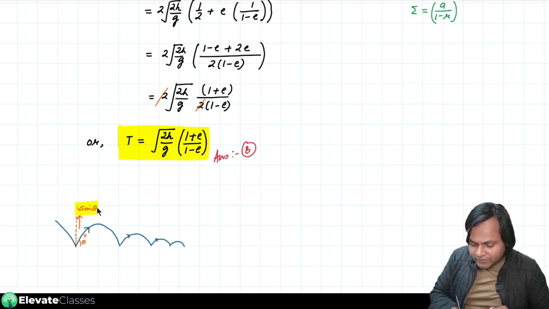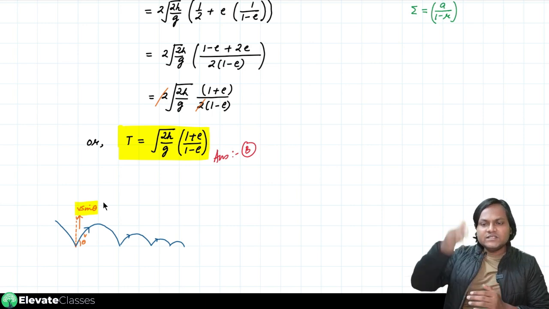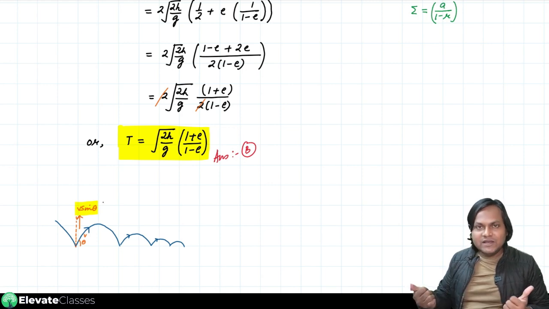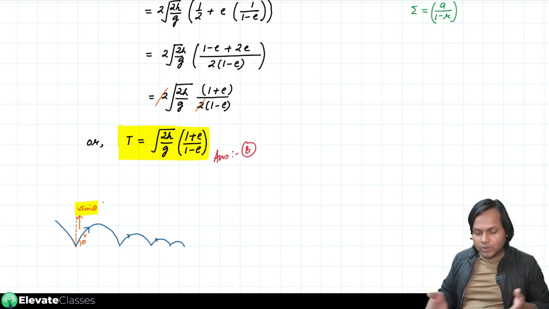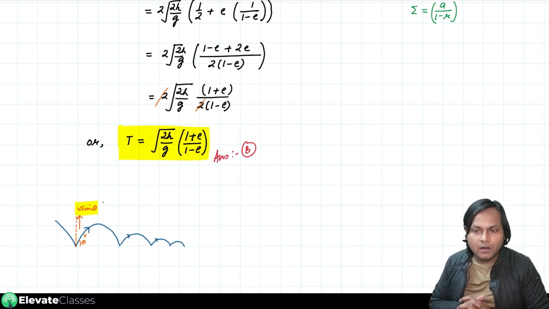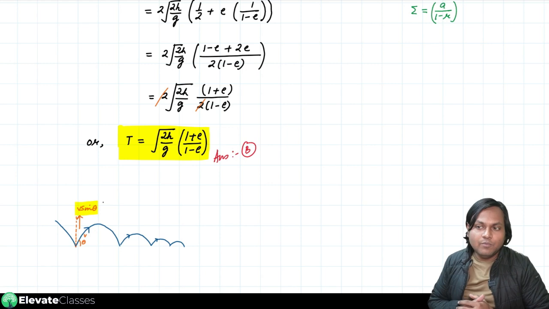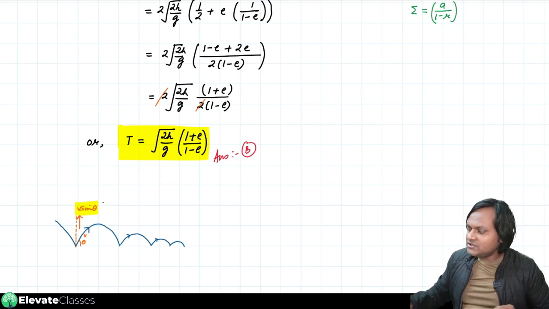You are only interested in V sine theta because it is the vertical speed that is going to decide what answer you get at the end, and the horizontal speed isn't going to make much of a difference here. So based on V sine theta, you can do a calculation involving repeated bounces with projectile motion in the ball's trajectory. All right, that is all for today.